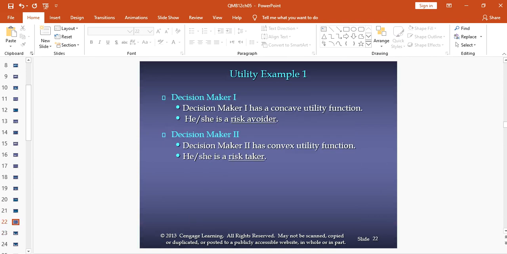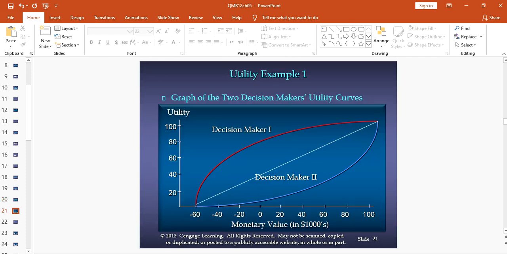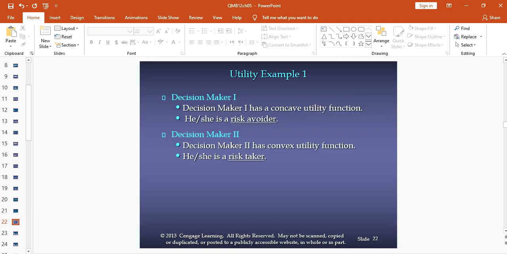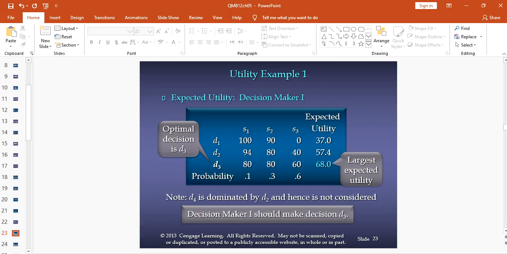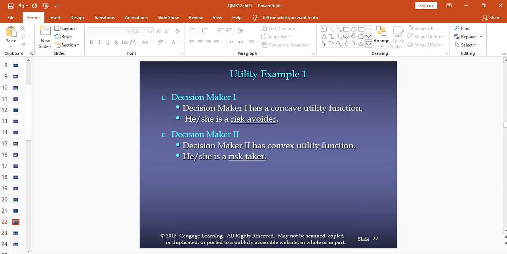Decision maker 1 has a concave utility function. This is concave and this is convex. Okay, and then he or she is a risk avoider, and the second one, he or she is a risk taker. That's why the utility values are important.